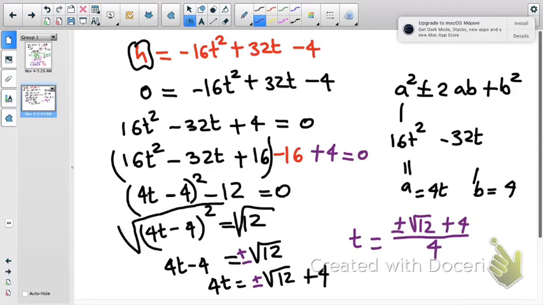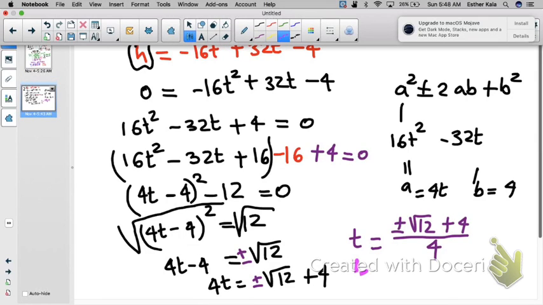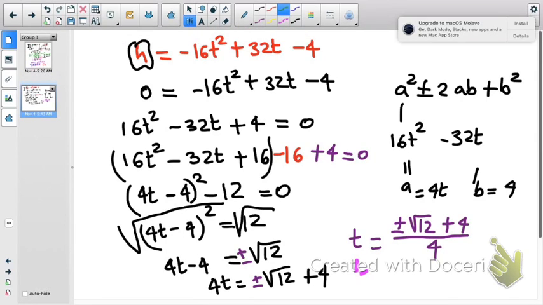And what's going to happen is you're going to have 2 times. When you use the negative square root of 12, you're going to have 1 time. You will see that that time is 0 point something, which is good, because that time 0 simply means that that's the time at which the ball leaves the earth.